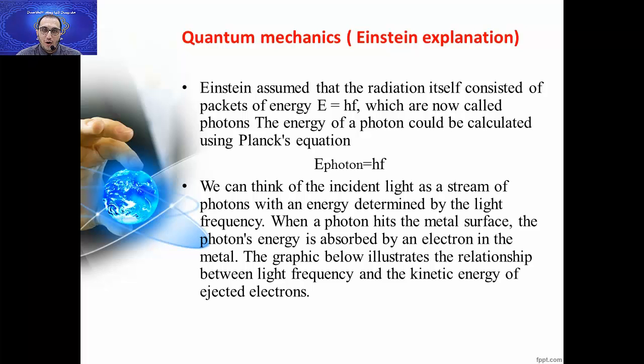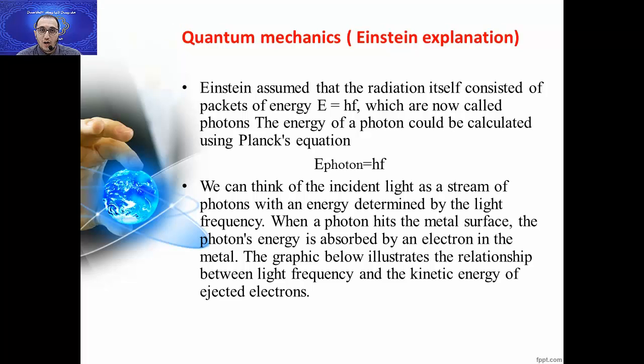Einstein gave us an explanation for this, and he assumed that the radiation itself consisted of packets of energy, bundles of energy, as we explained in the last video. This packet of energy is E equals hf. Do you remember this Planck's equation?